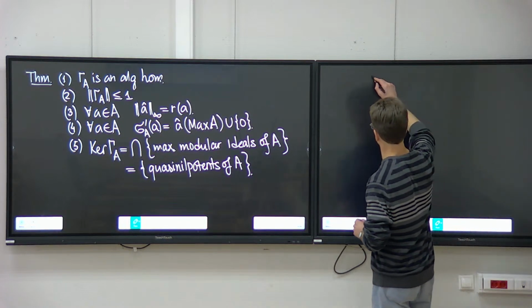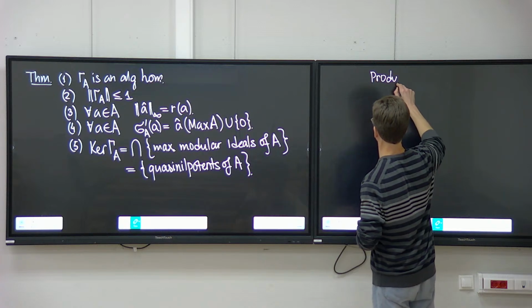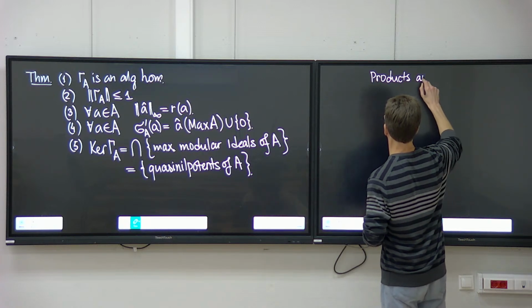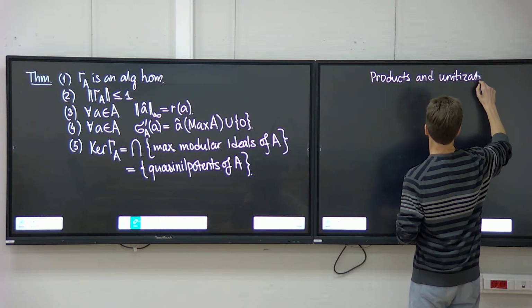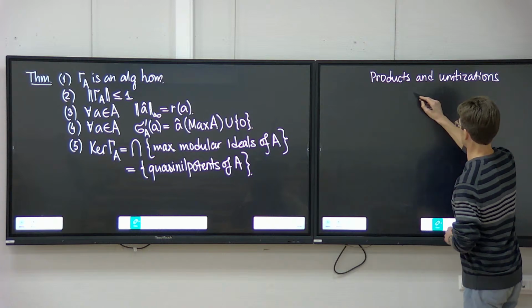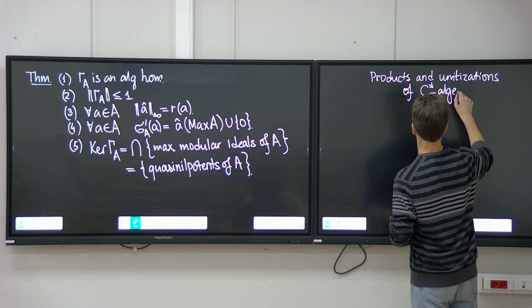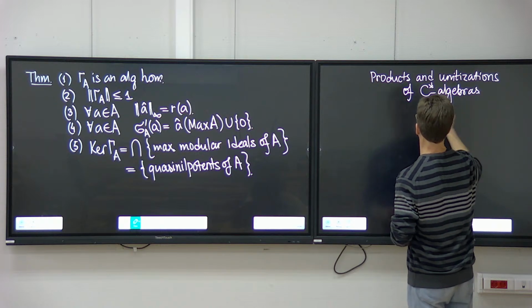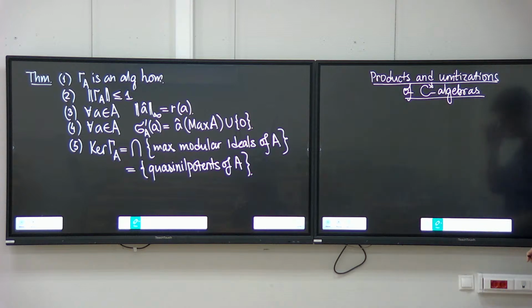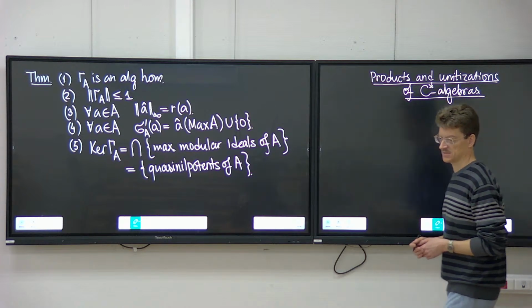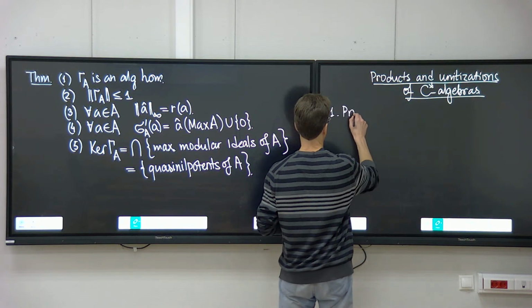So to begin with, let's discuss products and unitizations of C-star algebras. Well, the situation with products is rather simple. So let's start with products.